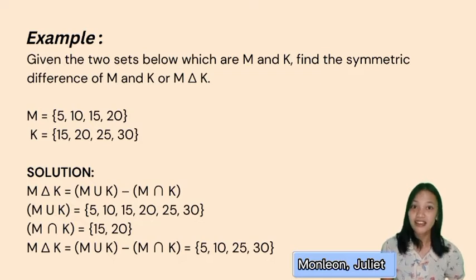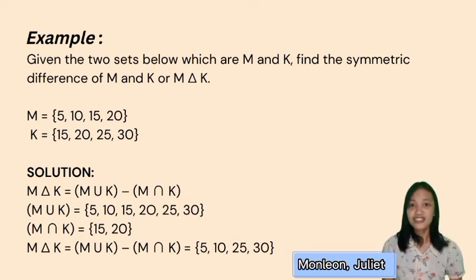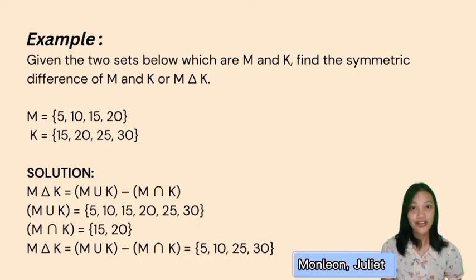M delta K is equal to the union of M and K minus the intersection of M and K. First, let us identify the union of M and K. The union of these two sets is 5, 10, 15, 20, 25, and 30. Next is the intersection of the given sets, which are 15 and 20. So, by subtracting the intersection from the union of the given sets, the symmetric difference of M with respect to K is 5, 10, 25, and 30.